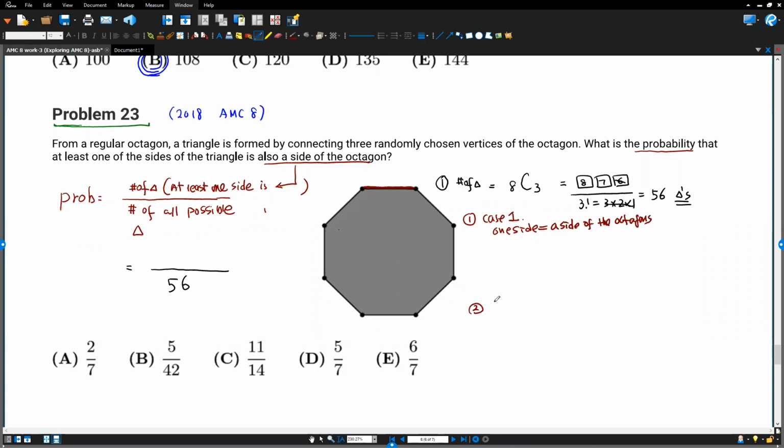Case 2: two sides are both sides of the octagon. We can separate them. All 3 sides cannot be sides of the octagon, because that is not a triangle. Okay? So with this side, how many triangles can you make?